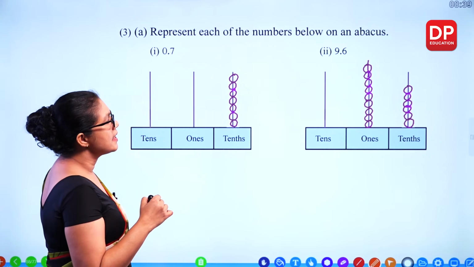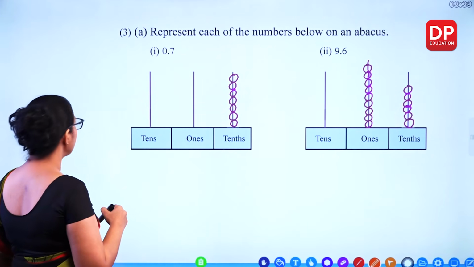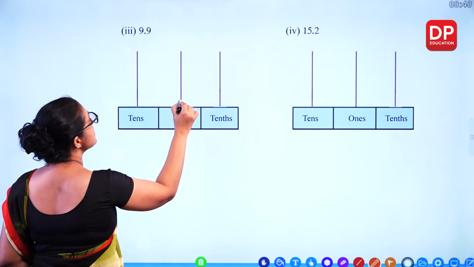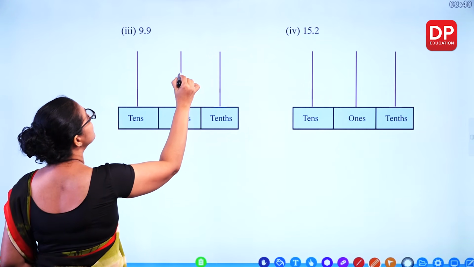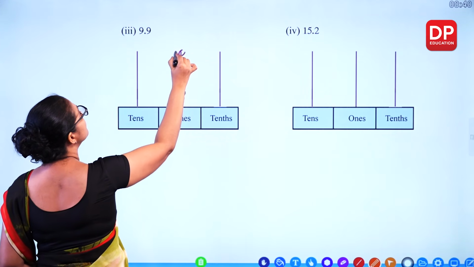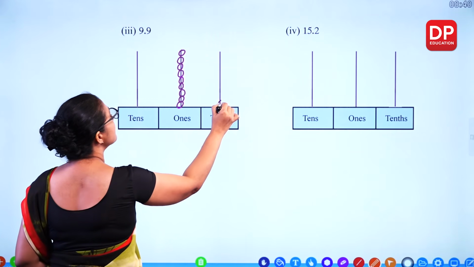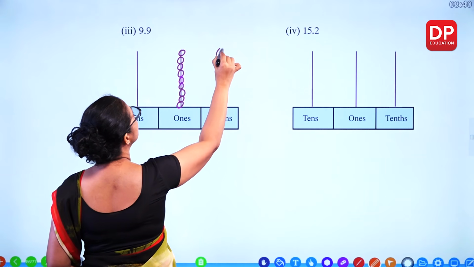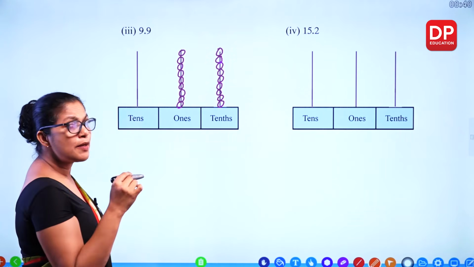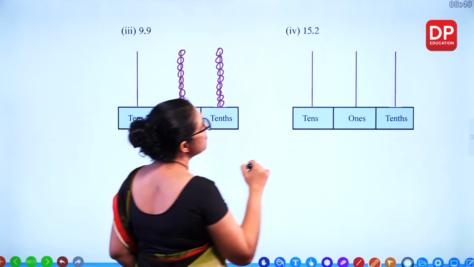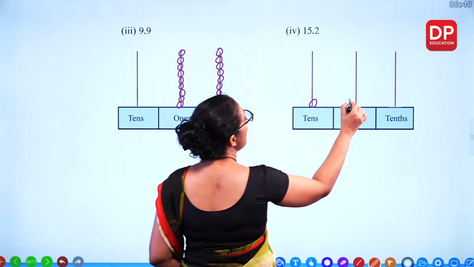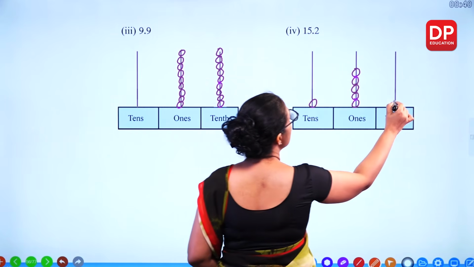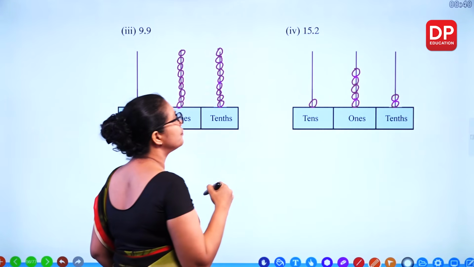That's 9.6. 9.9, how can we show? Ones place 9 and tens place 9. 15.2. Tens place 1 and ones place 5 and tens place 2.